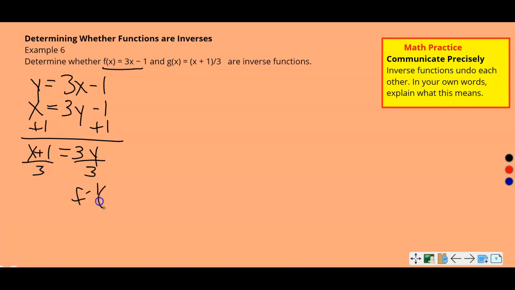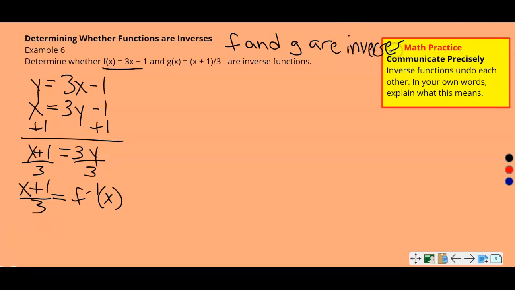So f inverse of x equals x plus 1 over 3. So that's the inverse. Does that equal x plus 1 over 3? It does. So we can determine that f and g are inverses.